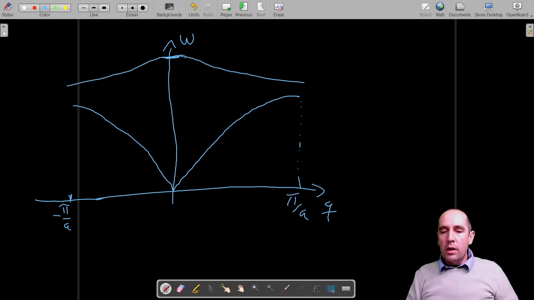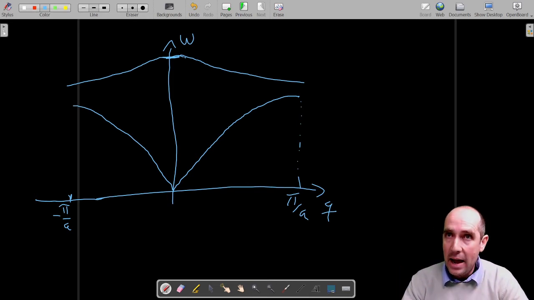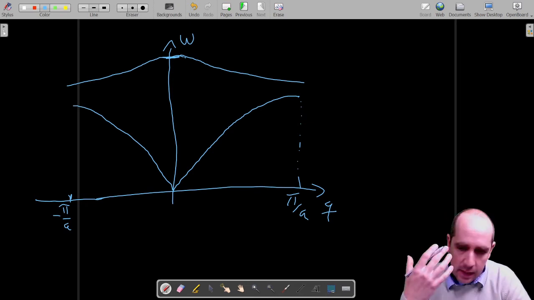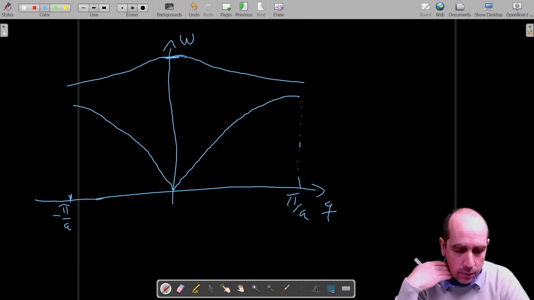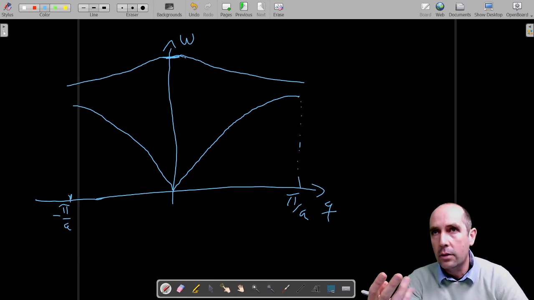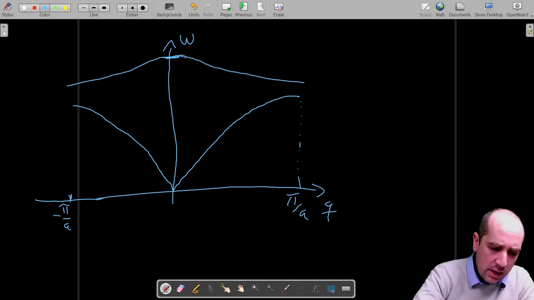So in the end, what we obtain is two branches of solutions, or two bands, and this really is a formalism that is very, very similar to the electronic bands of crystals. So this produces two bands. We give them names.